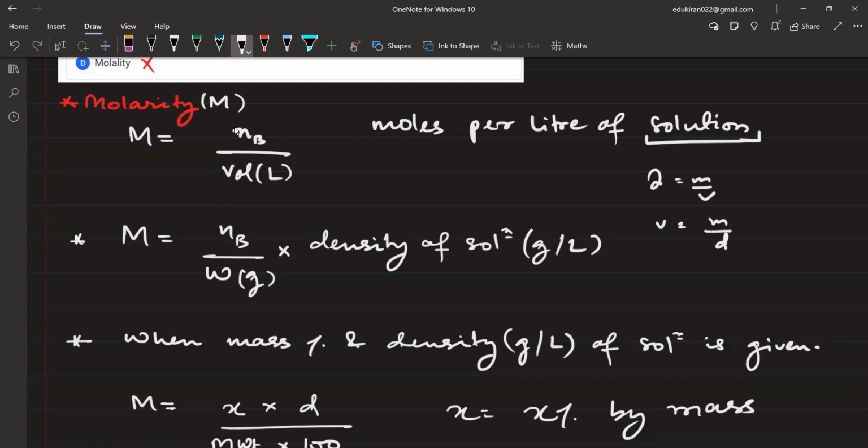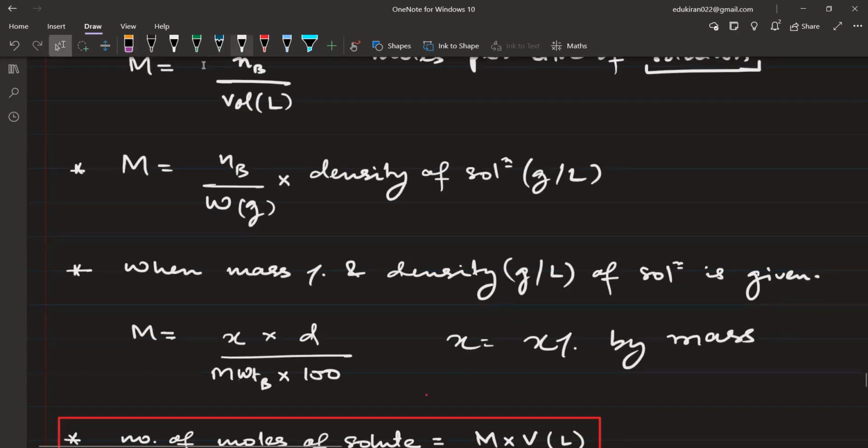The denominator of the denominator goes to the numerator, so density gets into the numerator and molarity will be equal to number of moles upon mass of solution into the density of solution in grams per liter. Keep in mind density should be in grams per liter. If it is in grams per ml, then you have to convert it to liters.